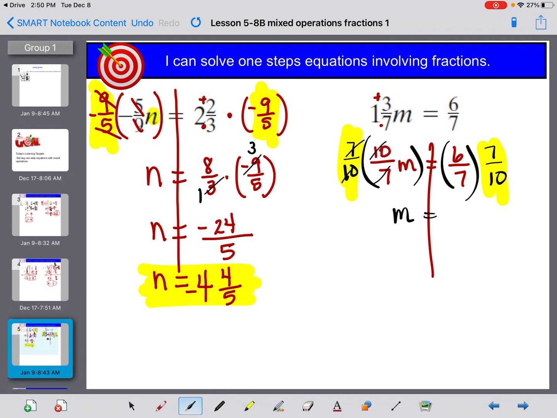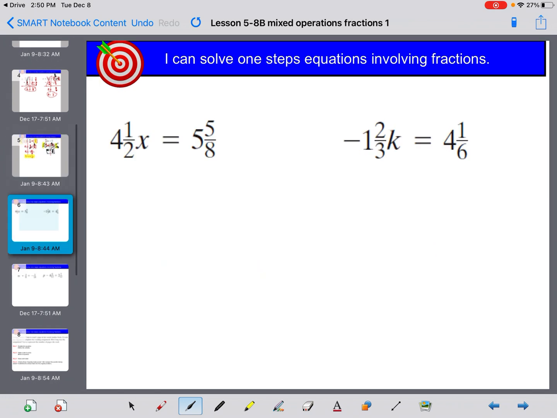The exact same amount and the exact same fraction is on both sides of that equation. Then I simplify. 6 and 10 have common factors of 2, and I'm left with 3/5.